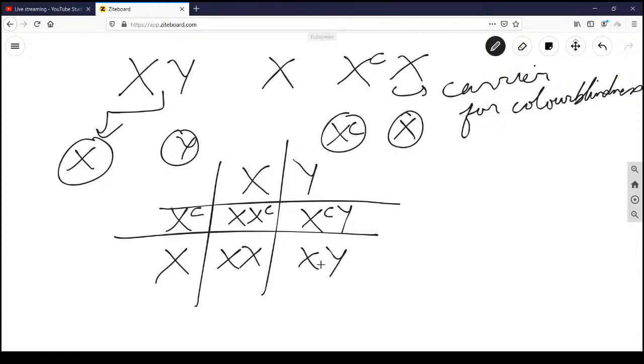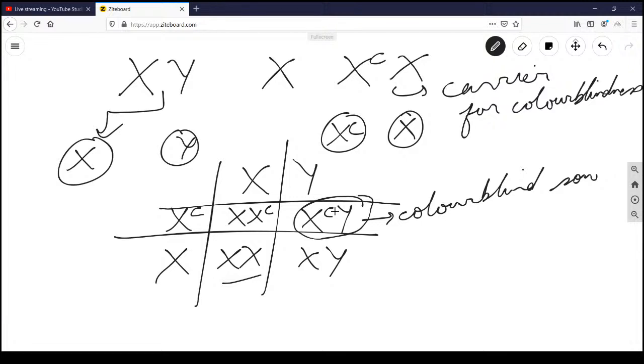So what are you getting here? This one is a carrier, but XCY will give you a color blind son, right? XY is completely normal. Again, XXC is completely normal phenotypically. So after looking at the crosses, what can I say?